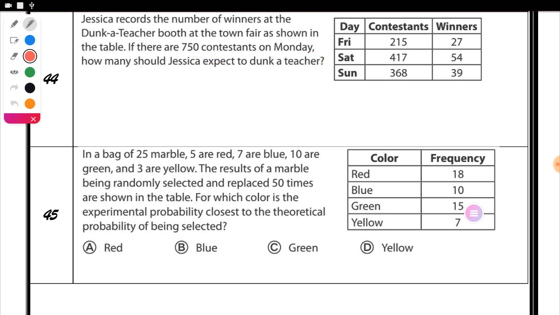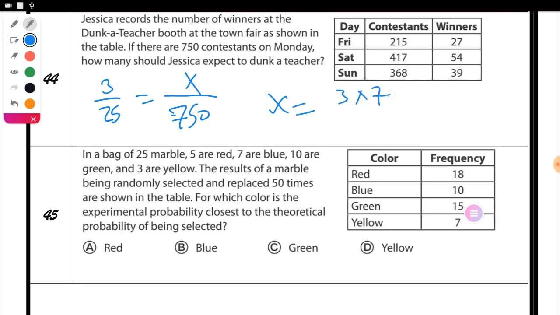After we find 3 over 25, we set it equal to x over the total, 750, so x equals 3 times 750 divided by 25.